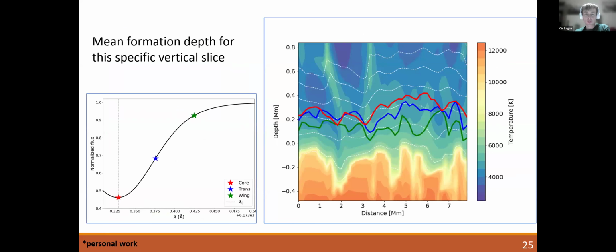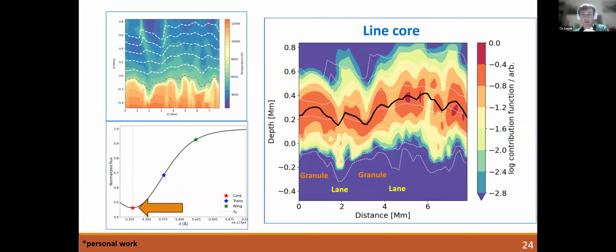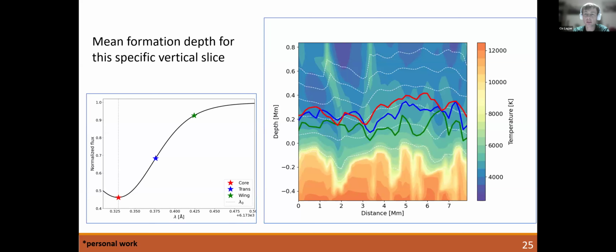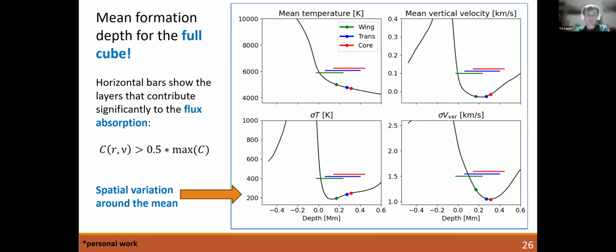Right, so just to combine all of these together, I computed the mean formation height, which is the black line, and putting them all together, this confirms what I said before, that in general, the core forms higher up than the wings. So we're probing slightly different layers as well. And to make this even more general, this is quite a complicated slide.